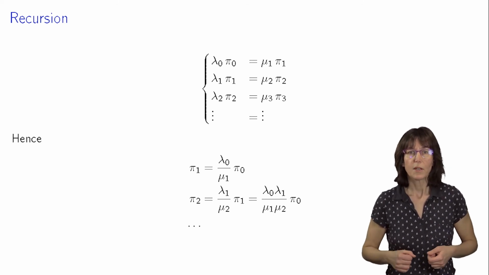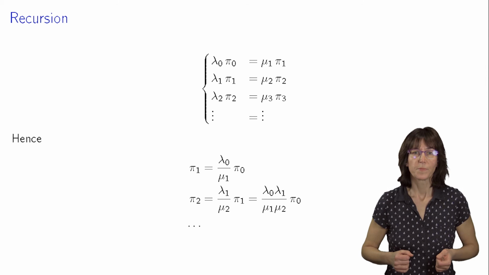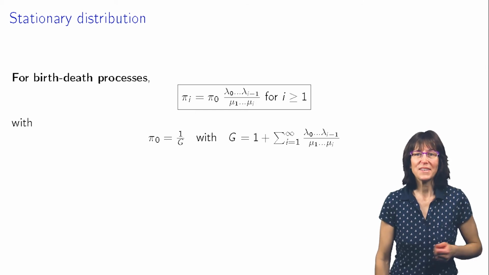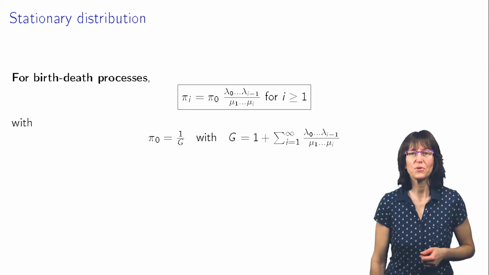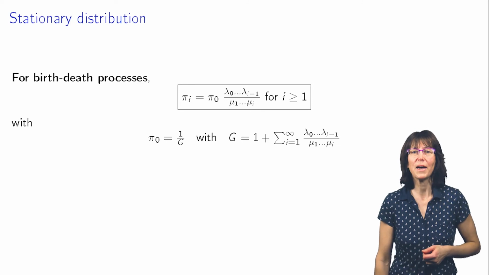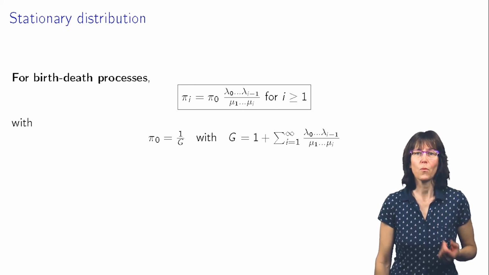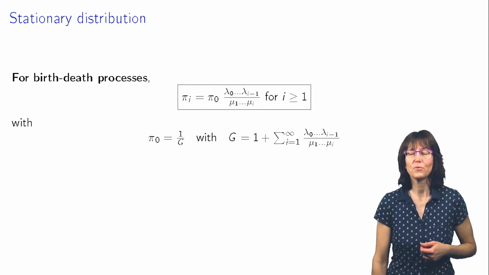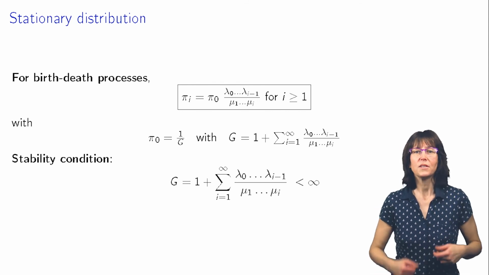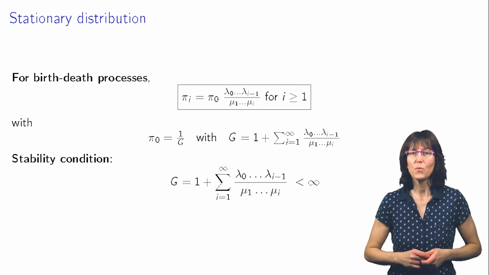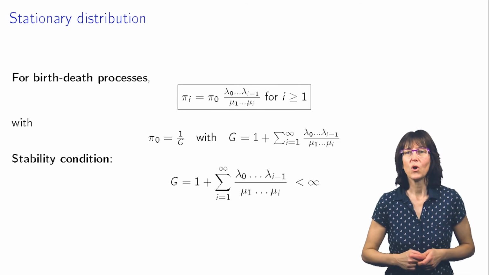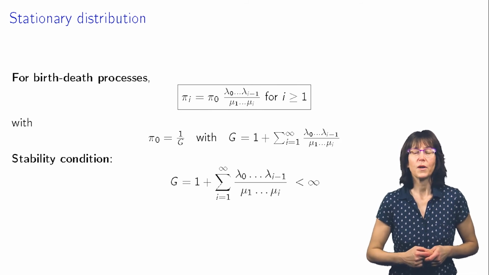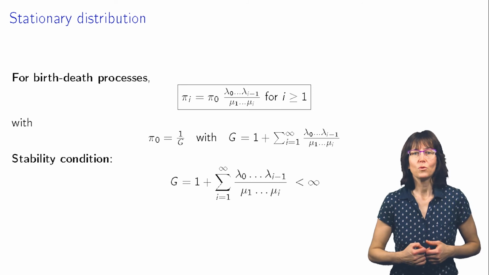And we can proceed likewise forever. The result is that we have a rather simple expression of pi i, which is given by lambda 0 times lambda 1, etc., times lambda i-1 divided by the analogous product of the mu i's. Since we have an infinite state space, we have a stability condition, which only means that we can find pi 0 such that the sum of the pi i's is equal to 1.